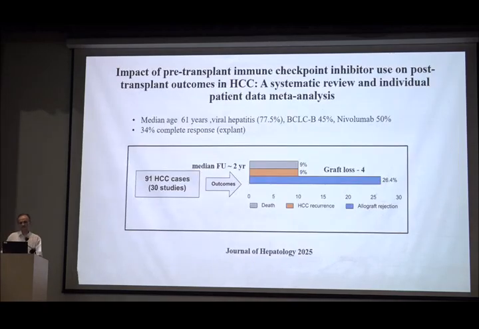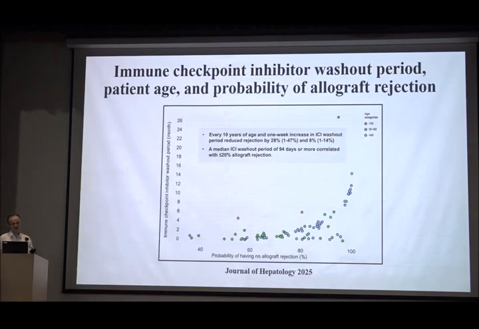And this is a systematic review and meta-analysis of 30 studies in which 91 patients were analyzed. Median follow-up was 2 years, and graft loss and graft rejection were seen in nearly 25% of these patients, including graft loss in 4 patients. Interestingly, for every 10-year increase in the age of the patient, there was a reduction in the graft rejection rate by 28%.